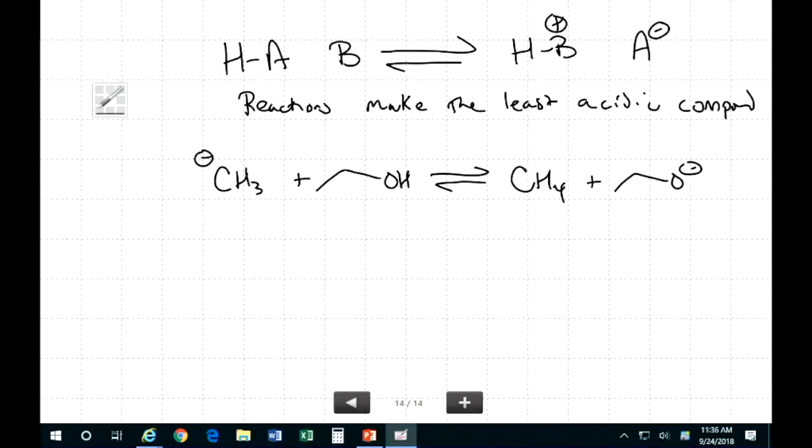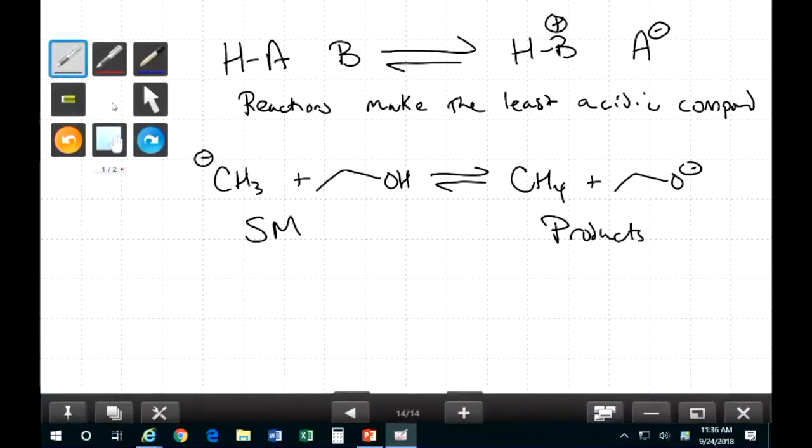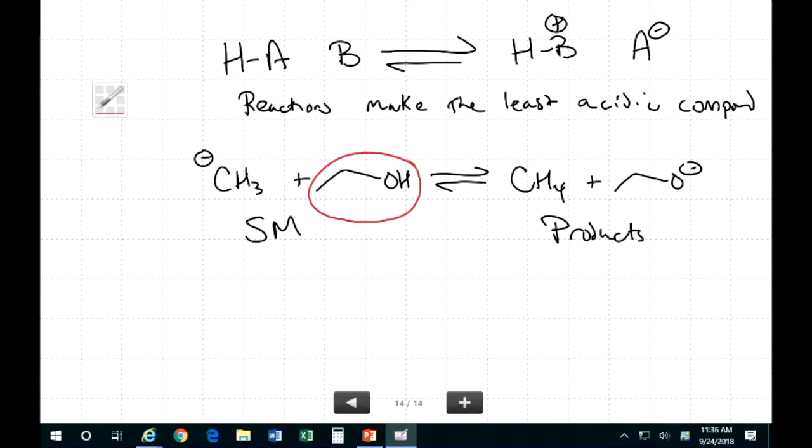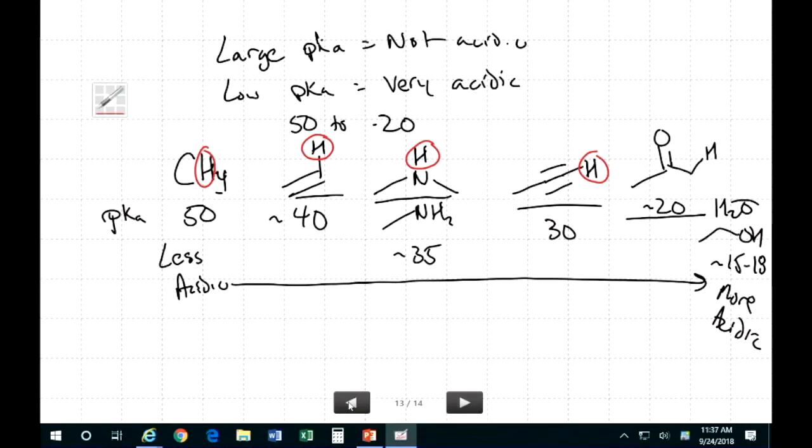Does this reaction occur? Does this reaction happen? Does the reaction favor starting materials, SM, or does it favor products? And you can determine that by looking at the acids. So you can compare this acid to this acid. The reaction will go in the direction of the least acidic compound. Right, so I go back a slide, hey, right? Simple alkanes have a pKa of 50, that's less acidic than an alcohol, right?